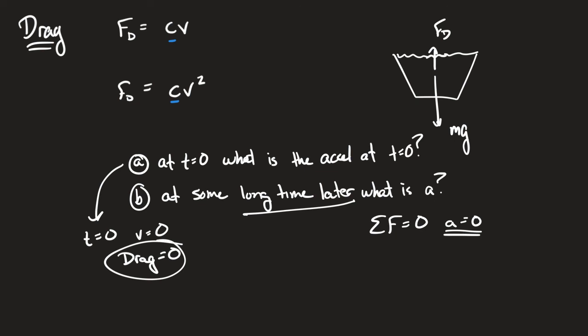In fact, at that point, the downward force of gravity would have to equal the upward force of drag. This is a special condition known as terminal velocity. All objects that fall through the air will eventually reach terminal velocity. All right.